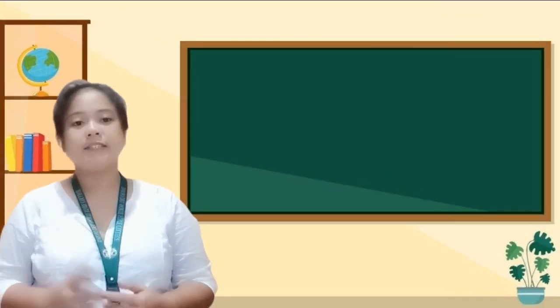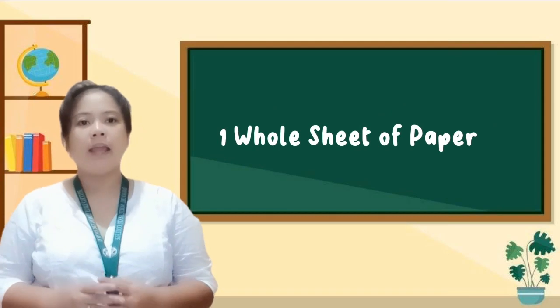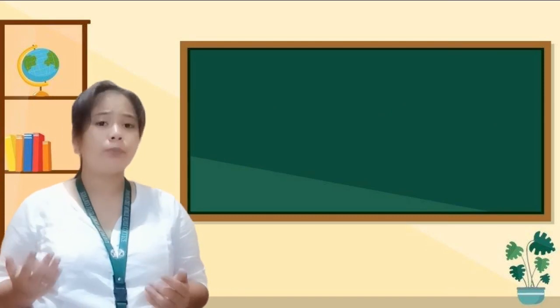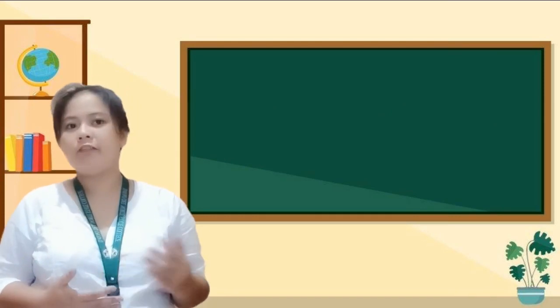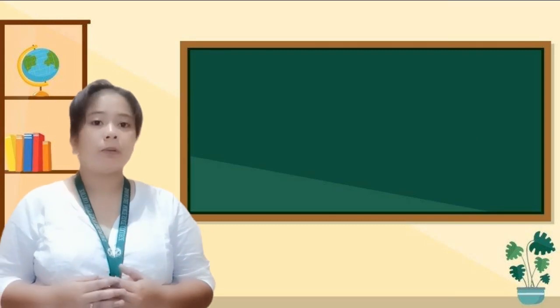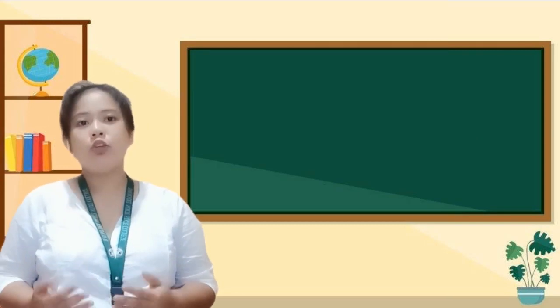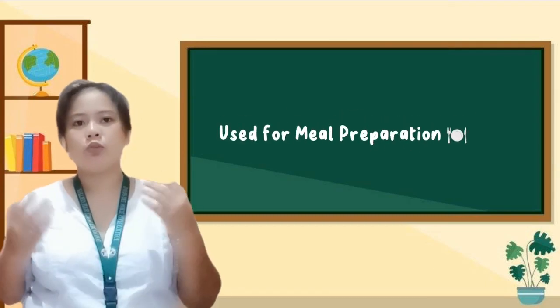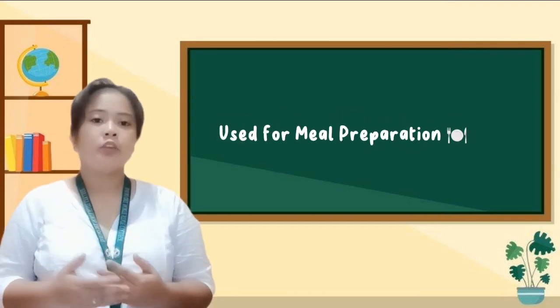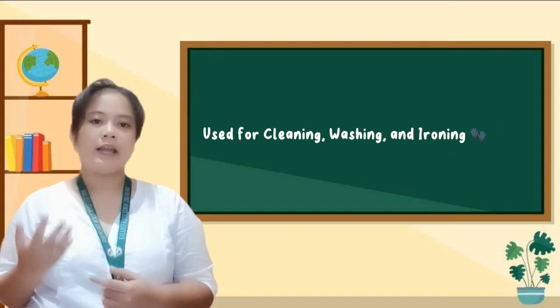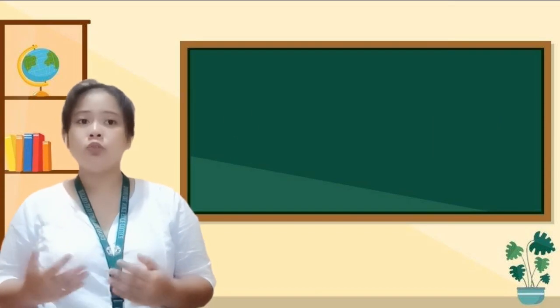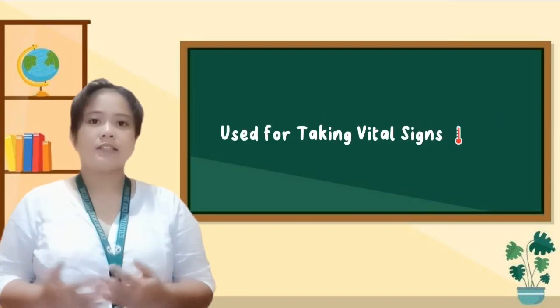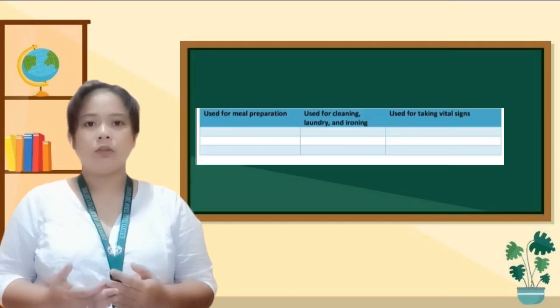Okay, very well said. Now we will go further to activity 2. Class, please get one whole sheet of paper and I will be presenting random pictures of caregiving tools, equipment, and paraphernalia. You will identify them based on their classification: used for meal preparation, used for cleaning, laundry, and ironing, and used for taking vital signs.